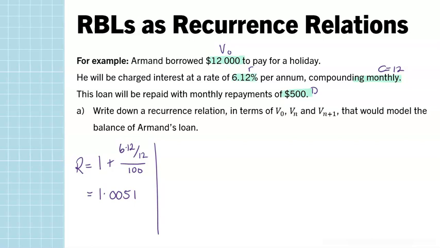Putting that together now into a recurrence relation, make sure you take note of what pronumeral they're using, so what letter they're using to represent this particular relationship, and use the same in your answers. So V0 is $12,000. Our next value will be R, so 1.0051 times the current value or balance, minus our payment of $500. And so there's our recurrence relation.